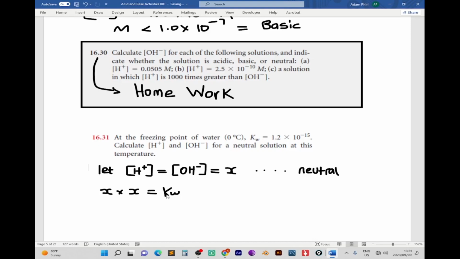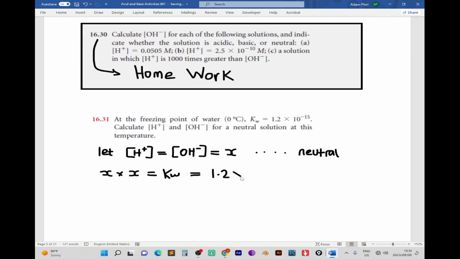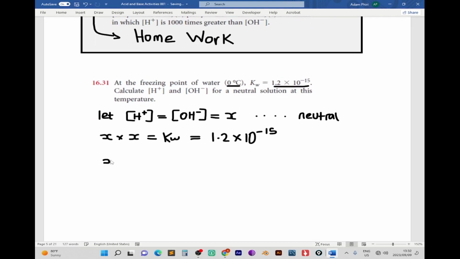So that means x squared is going to be Kw, so it's going to be 1.2 multiplied by 10 to the power negative 15. So let us solve for x there. Remember, our x is the concentration of hydrogen and the concentration of the base.